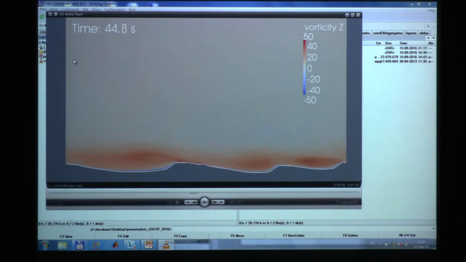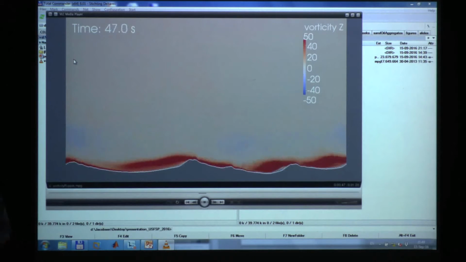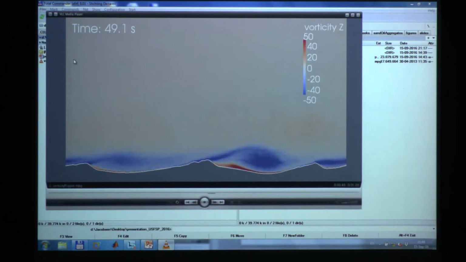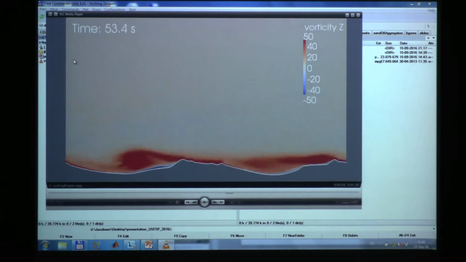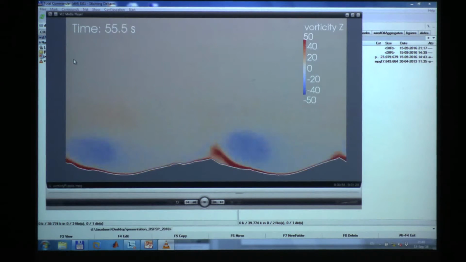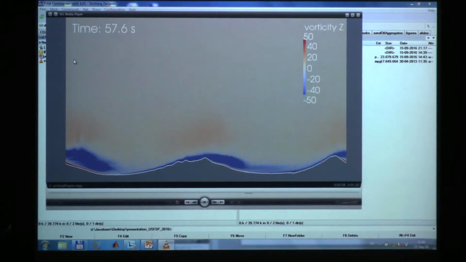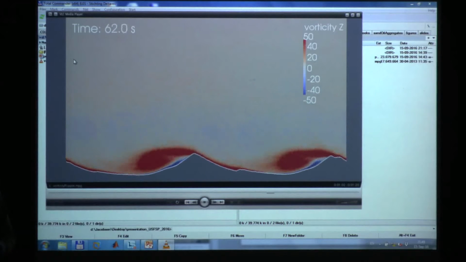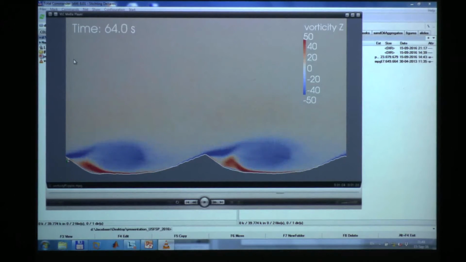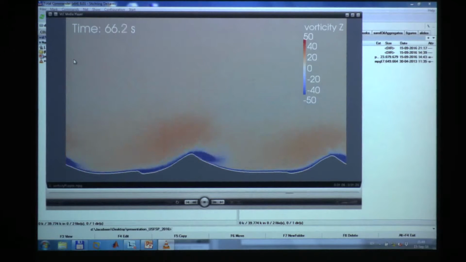So we can start studying these types of phenomena and then also start looking into effects such as irregular waves or nonlinear waves. To what degree do they change the direction of the sediment transport, and what is the net sediment transport over ripple beds?